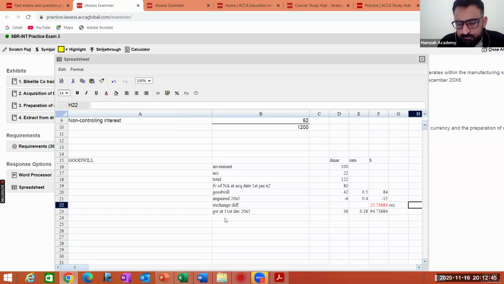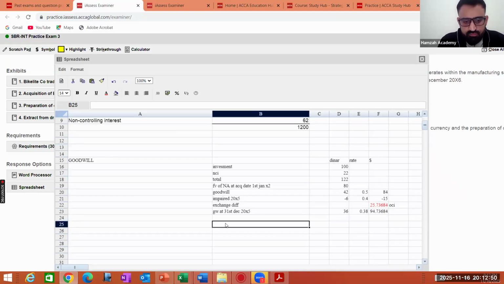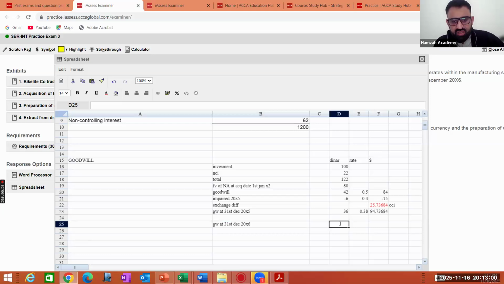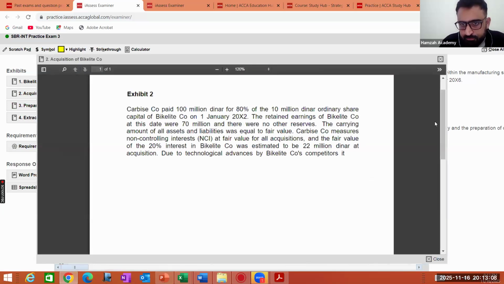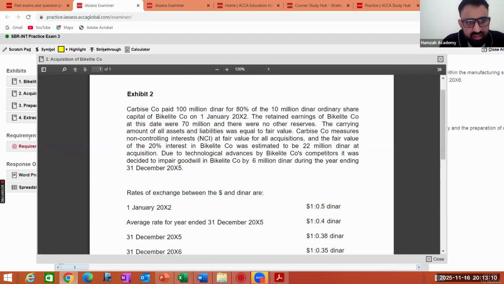Then the goodwill at 31st December 20x6. There is no impairment, so it will be 36, but the closing exchange rate is 0.35.